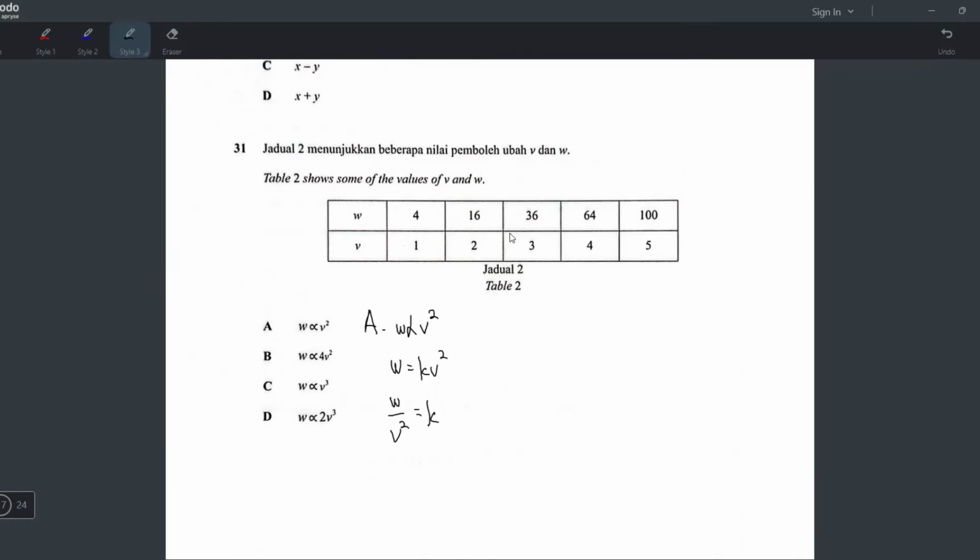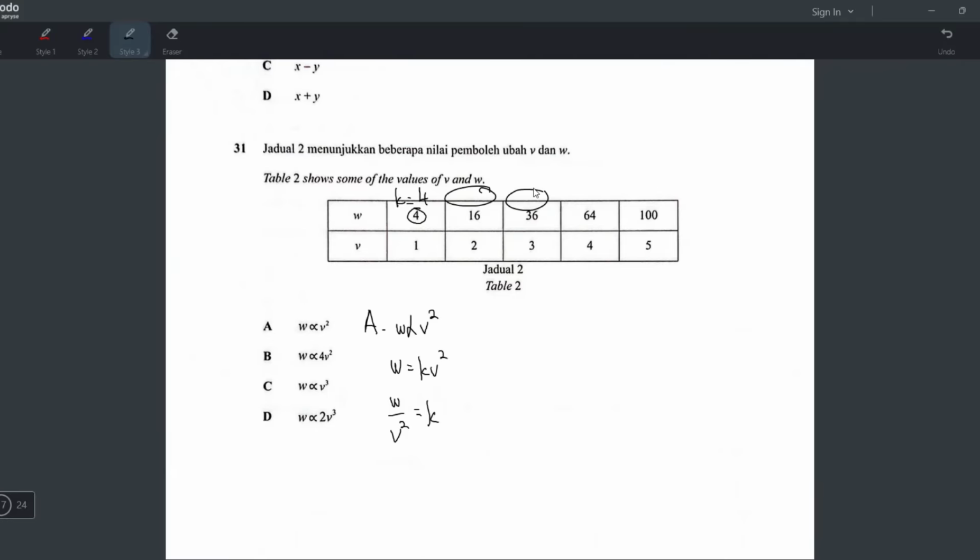And if kalau you ganti ni, cari dapat K. Okay, let's do that first. Let's cari K dulu. So kita ganti je W bahagi V square kan. So W bahagi V square. That means your K here will be 4 bahagi 1 square lah. W bahagi V square mah. So 4 divide 1 square. And if you tekan that, you get 4.